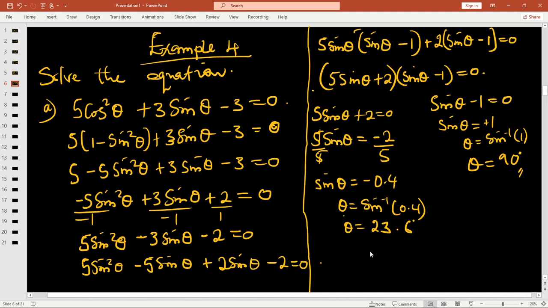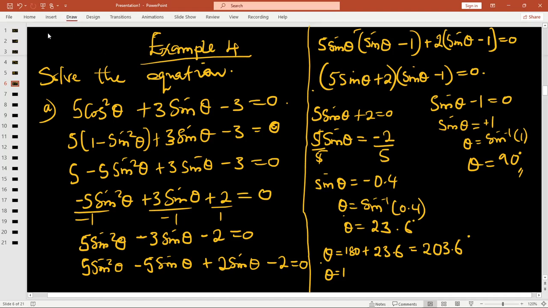So what we're simply going to say is theta is equal to 180 degrees plus the angle that we've calculated in the third quadrant. We get 203.6 degrees.